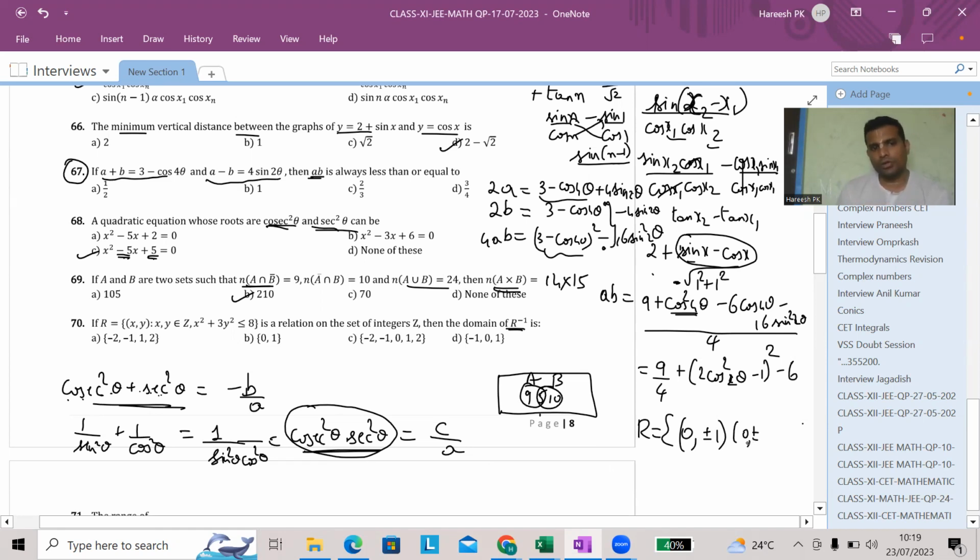It can't be 2 also, because if I put x as 0, y can also be 0. So 0 plus or minus 1. Similarly, when I put x as 1, y can take only 0 or plus or minus 1.